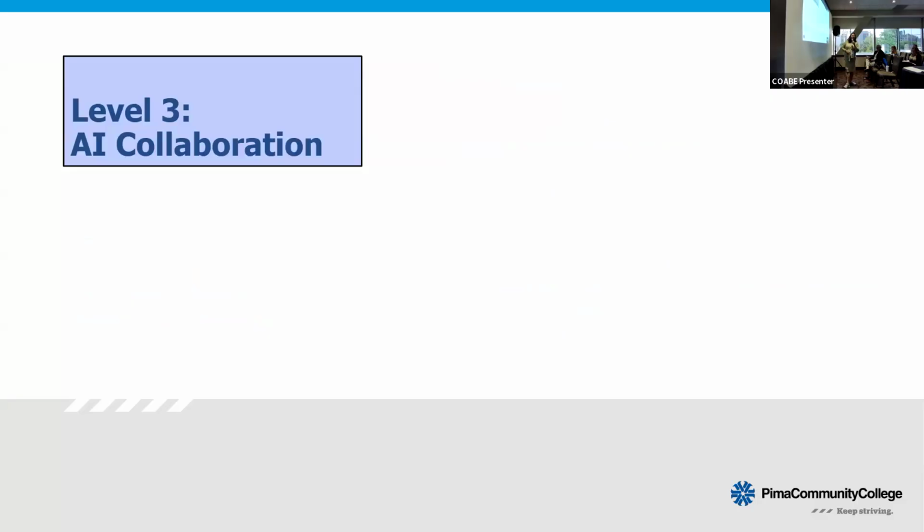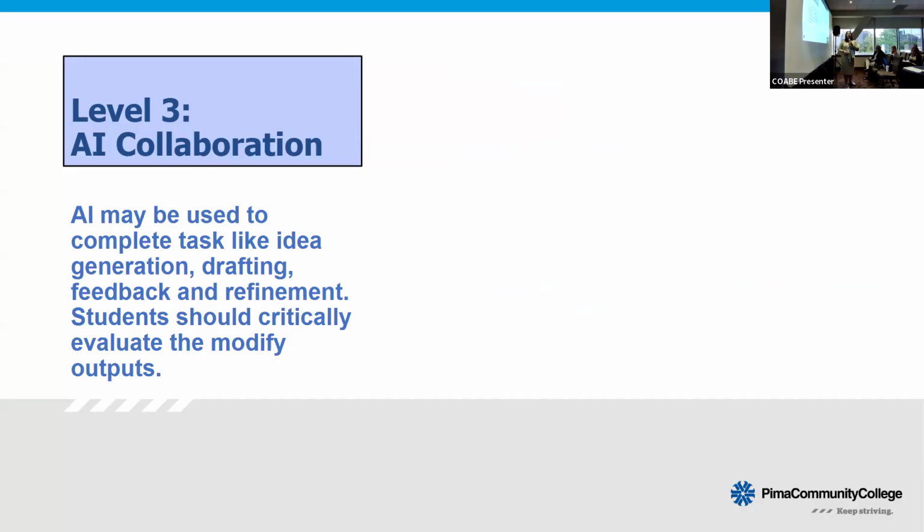Okay. The next level, level 3, this is collaboration. Similar to the second level, here the AI can be used to complete a task like generating ideas, drafting, asking for feedback, and refining the work. But here, students need to critically analyze the output.